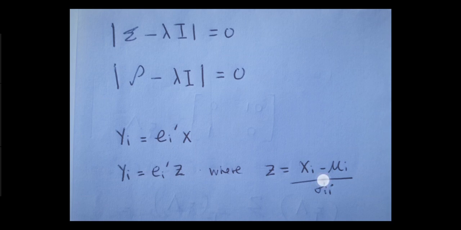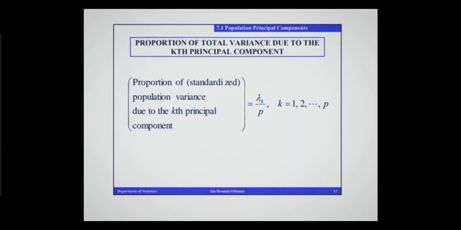And z is this one, like I explained to you just now. We transform from x to z, which means we need to subtract the mean from the variable and divide by its standard deviation. Okay. Alright, another one from the theorem, we can also find the proportion of the total variance due to the kth principal component.